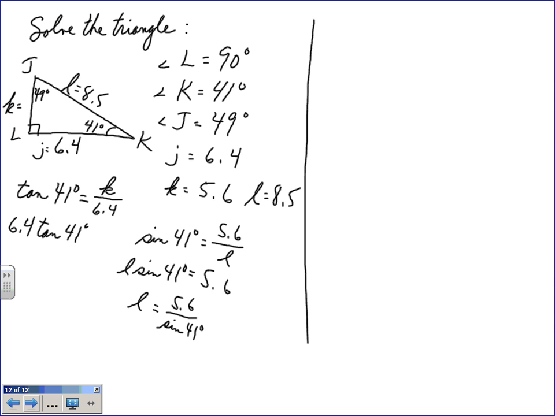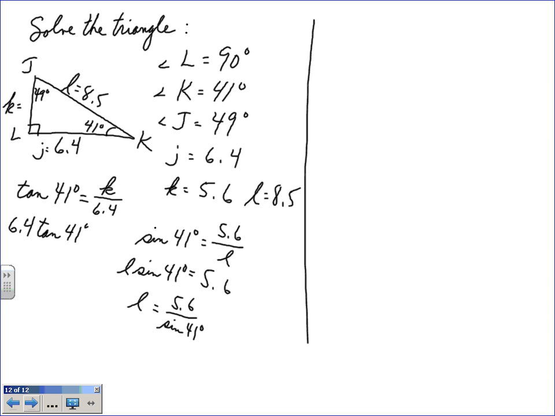The sine of 41, opposite over hypotenuse, is the same as the cosine of the complement. There's the complement, 49 degrees, adjacent over hypotenuse. So the sine of 41 degrees is the same as the cosine of 49 degrees. Put it in your calculator and you'll see. Hit sine of 41, equals, and then hit cosine of 49. You get the same decimal.